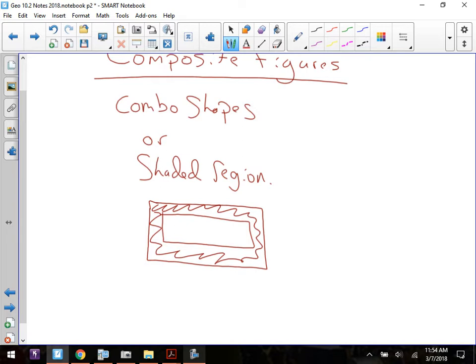You're either adding two shapes together.